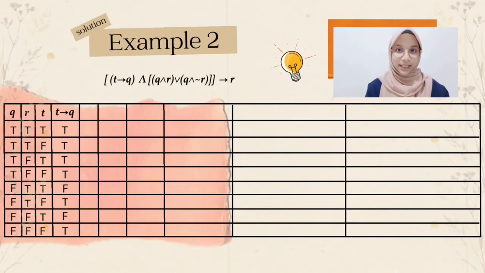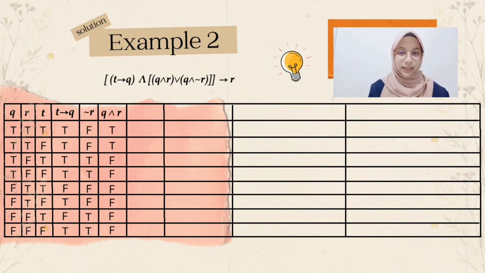Next, P implies Q: true, true, true, true, false, true, false, true. Then negation R: false, false, true, true, false, false, true, true. Afterwards, Q and R: true, true, false, false, false, false, false, false. Q and negation R: false, false, true, true, false, false, false, false.